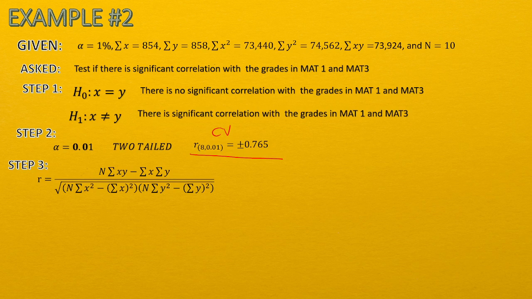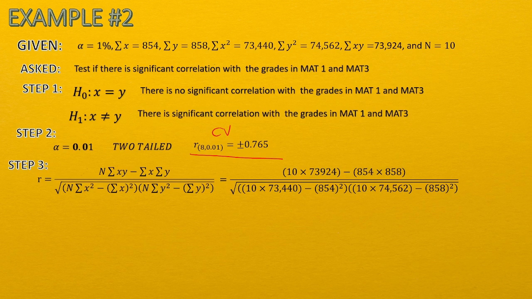So, alam naman natin na yung value ng N that is equal to 10. Okay, ito na siya. 10 times 73,924 minus 854 times 858 over square root of double parenthesis.